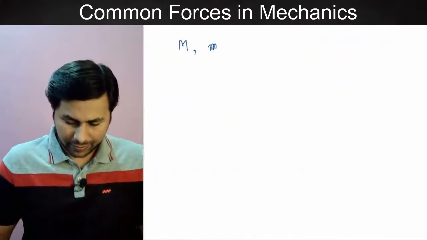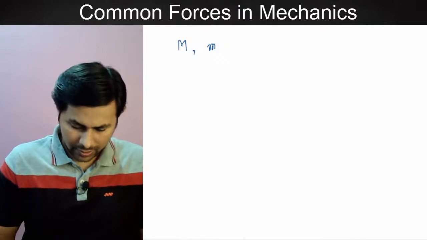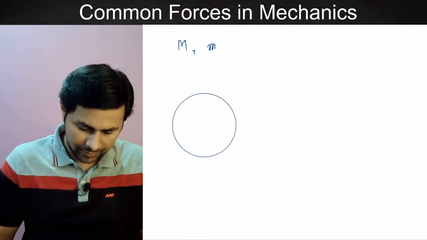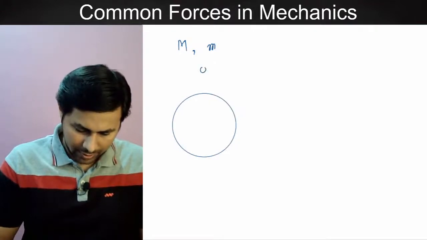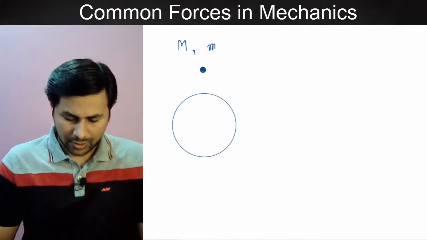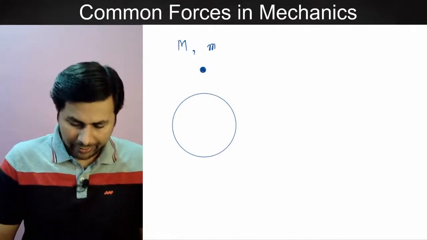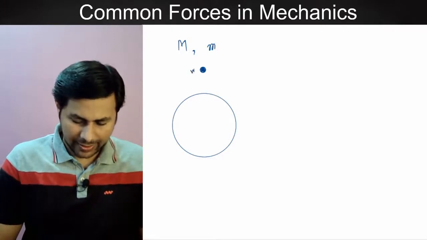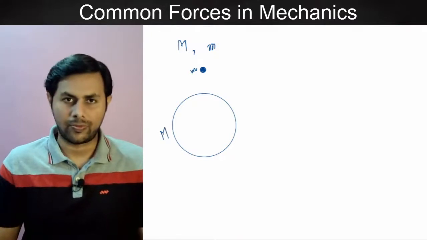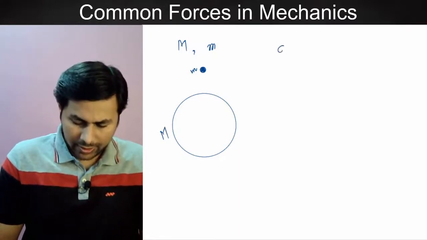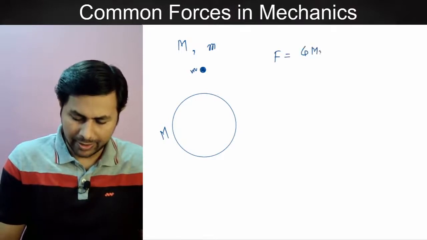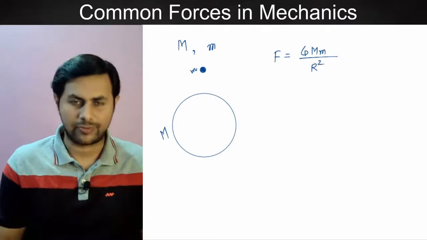So this is Earth, this is that stone. So the gravitational force between this mass m and this mass capital M of Earth is equal to what? G times capital M into small m over r squared.